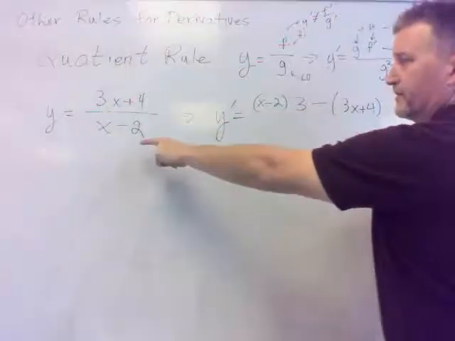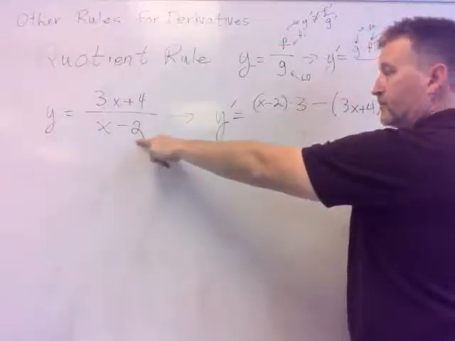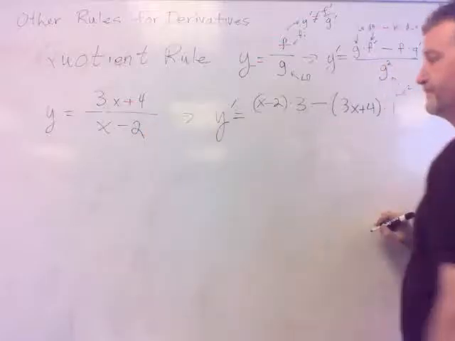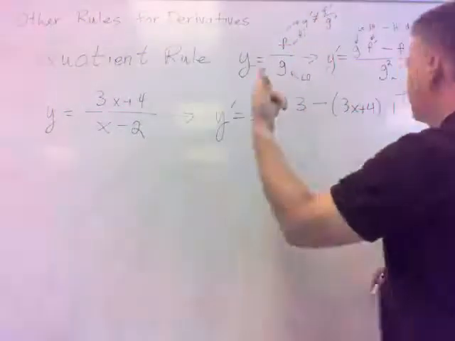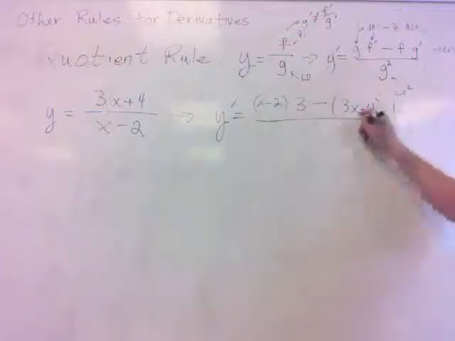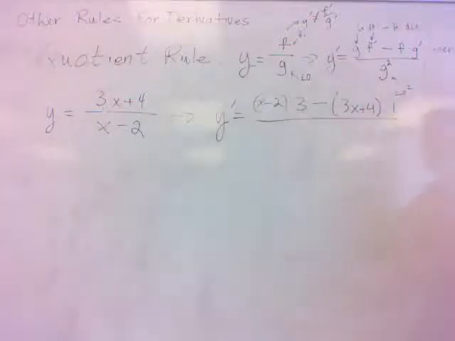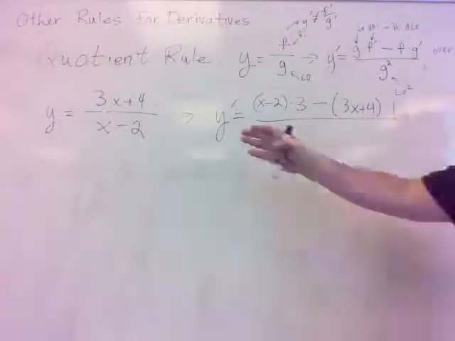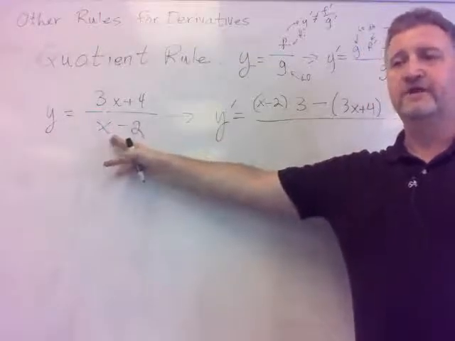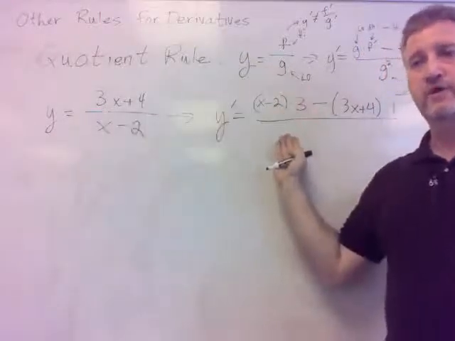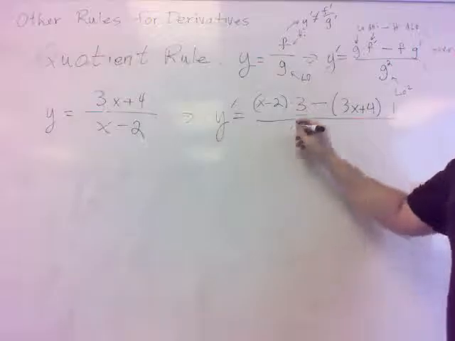What's d of this, x minus 2? D of that is 1. Derivative of that's just 1, derivative of that's 0, so d of the low is 1. Then the bottom is just low squared. Not the derivative of the low squared, it's just low squared. The low is x minus 2, so low squared is (x minus 2) squared.